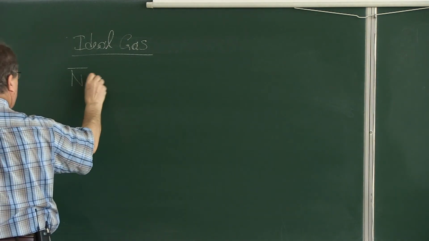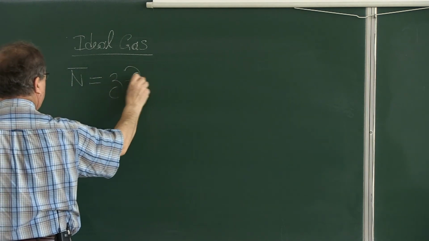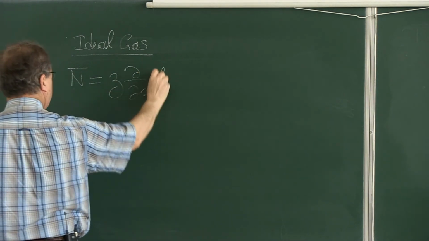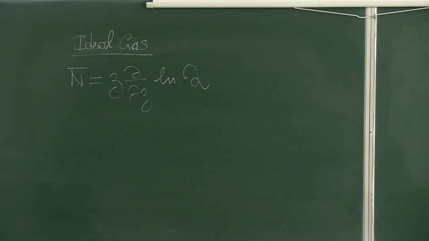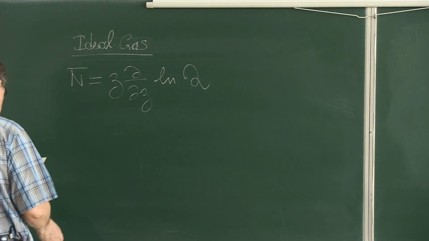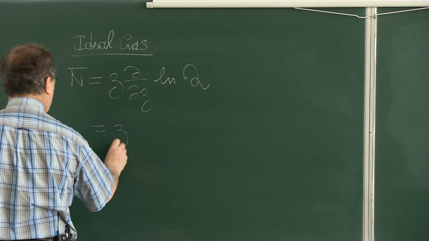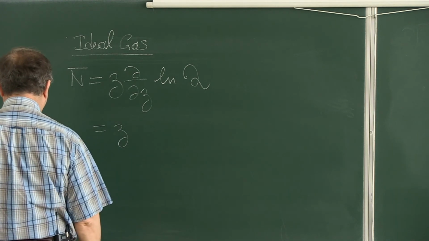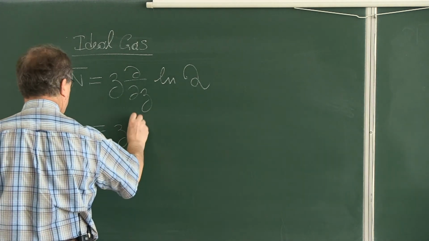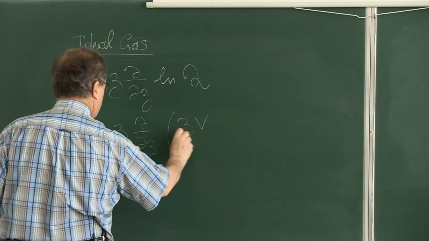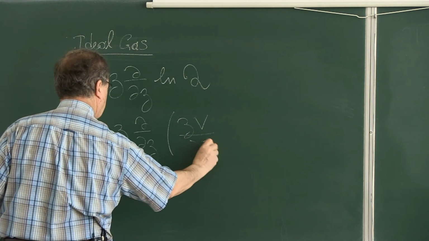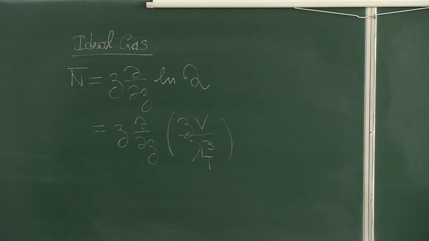The average number of particles is, remember, I have found this, related to the logarithm of the grand canonical ensemble partition function. So if we know the logarithm of the partition function, I think you should remember the specific result.